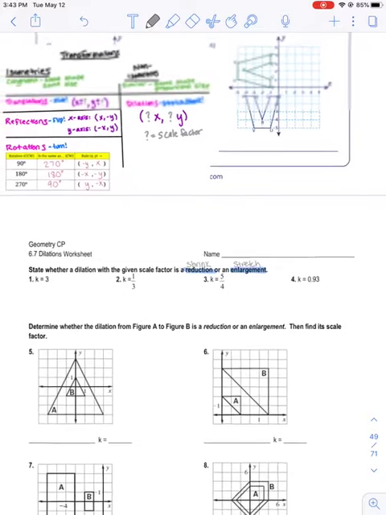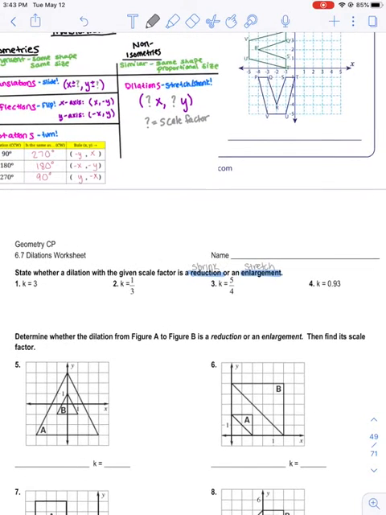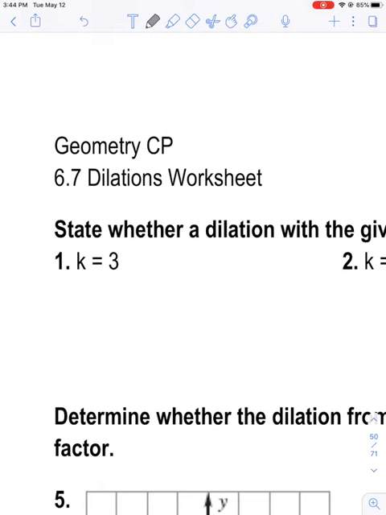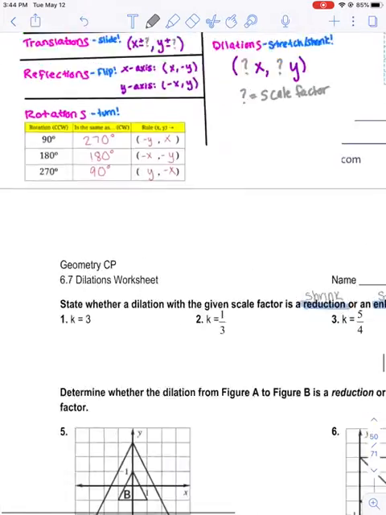These are 4 different examples of numbers that you might multiply the x and the y coordinate by, and they're called the scale factor. They use k sometimes for scale factor. Like for number 1, if you multiply coordinates by 3, would that stretch the image or shrink the image? That's basically what they're getting at.